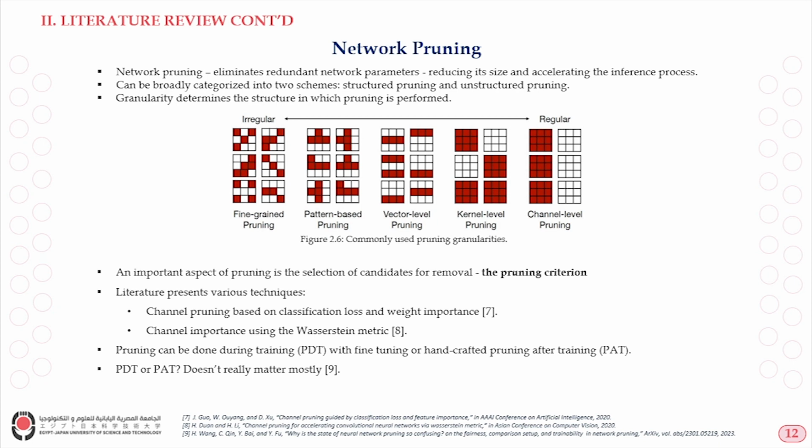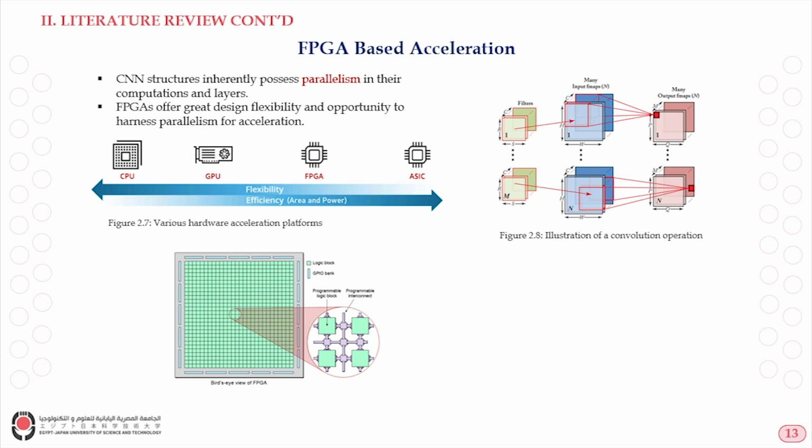Now, apart from the software or the model optimization, there comes the hardware implementation itself. For acceleration of these kinds of models, it is noted that CNN structures possess a characteristic that is very nice for acceleration. They are highly parallel.